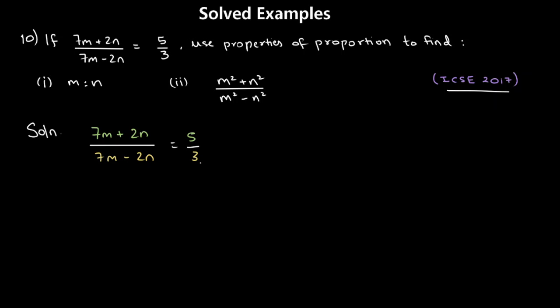So again, note the terms on the left hand side are 7m + 2n upon 7m − 2n. That is somewhat in the format of numerator plus denominator divided by numerator minus denominator, which is the componendo-dividendo format. And so, to simplify this expression, we apply componendo-dividendo, right?